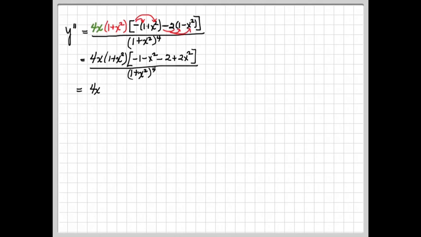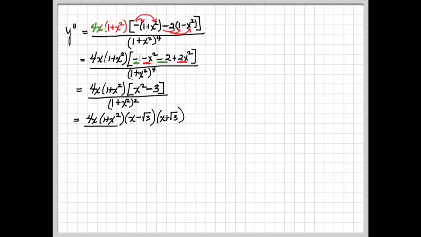We'll add like terms inside the square brackets. That will give us a total of x squared minus 3. Factor completely. So we get 4x times 1 plus x squared times x minus the square root of 3 times x plus the square root of 3, all divided by 1 plus x squared, the quantity squared.